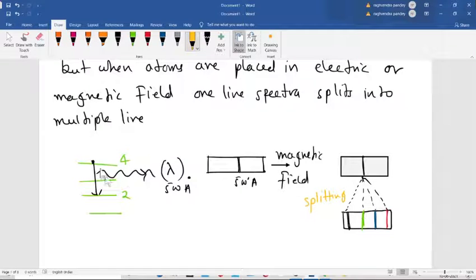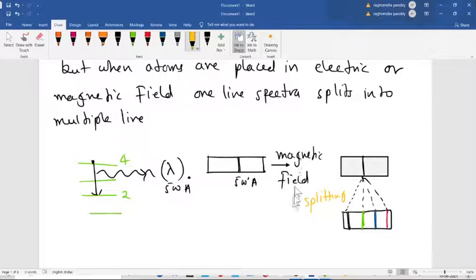So they asked Bohr, suppose the fourth level has some energy and the second level has some energy. So the energy gap has only one type of energy, that is 2.65 electron volt. That 2.65 electron volt should give a single particular wavelength, because that is a single energy value. But it is giving multiple wavelengths after we put it in the magnetic field.